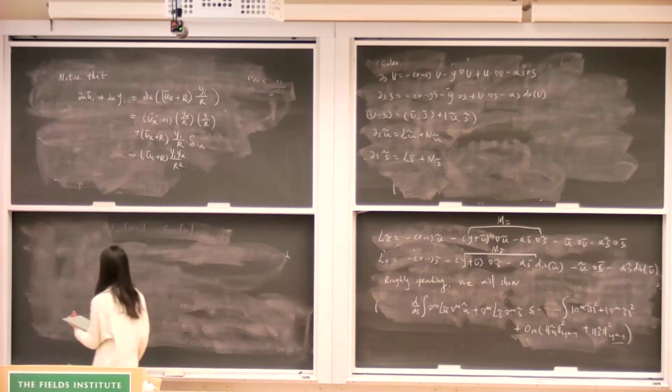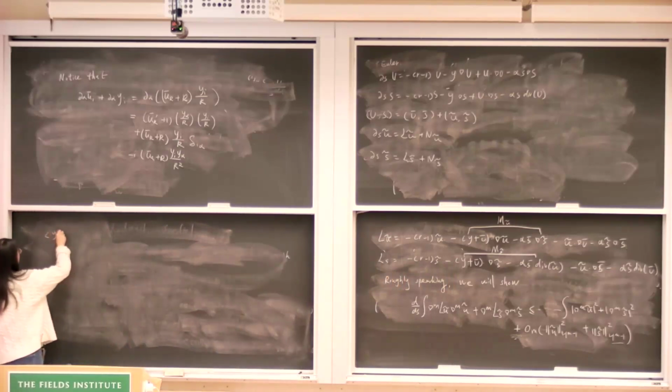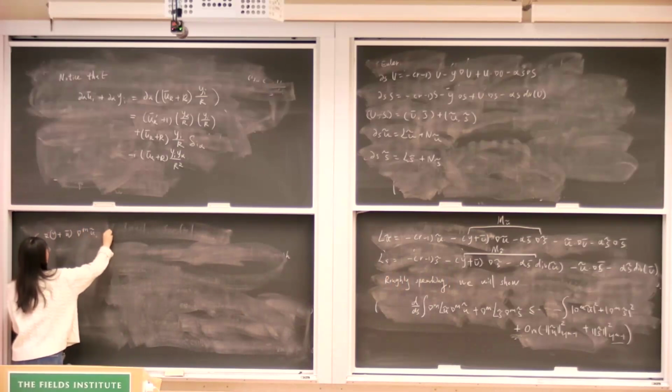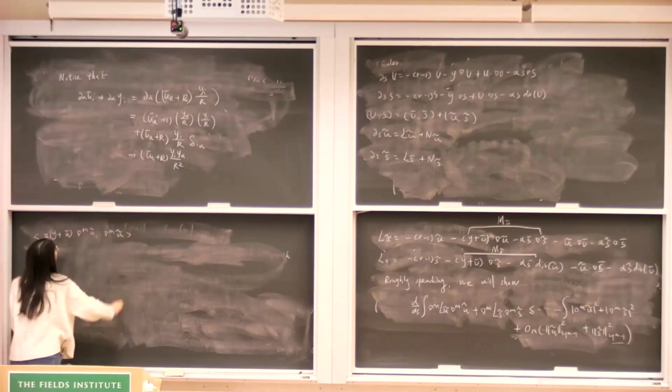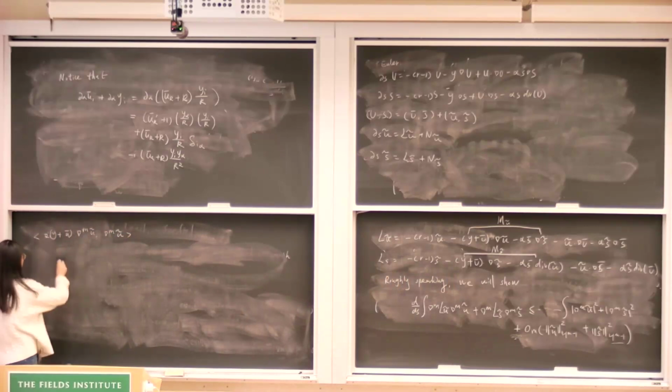So write it down: y plus u bar plus gradient, gradient, gradient. So this is a summation.